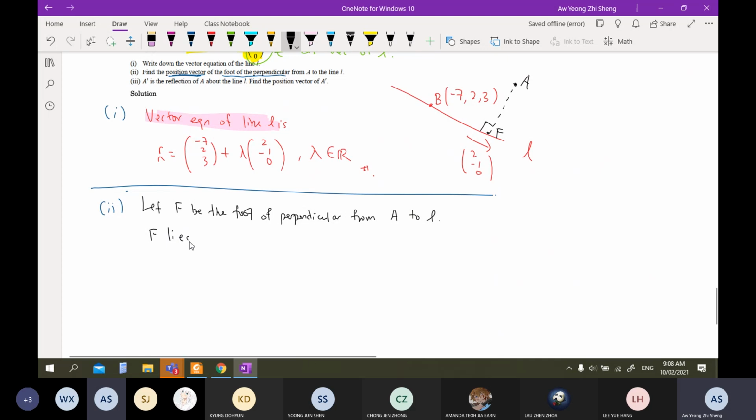F lies on L. So OF can be used to replace R in the vector equation of line L, and this will hold for a specific value of lambda. OF is equal to minus 7, 2, 3 plus lambda times 2, minus 1, 0. The 0 lambda is okay not to write, for some lambda in R.